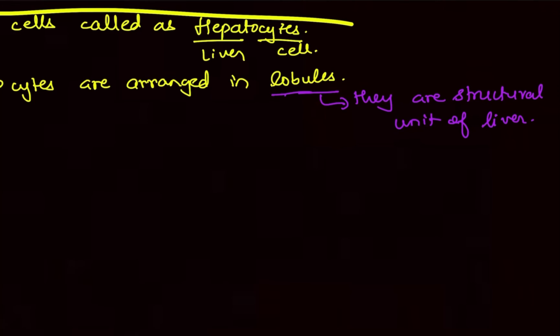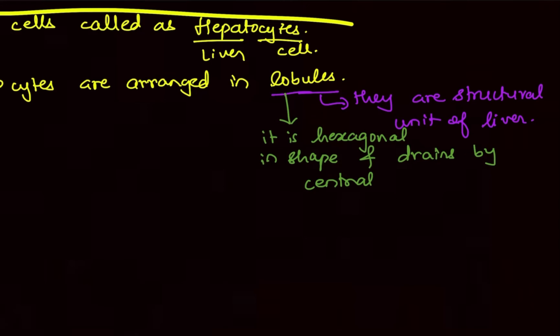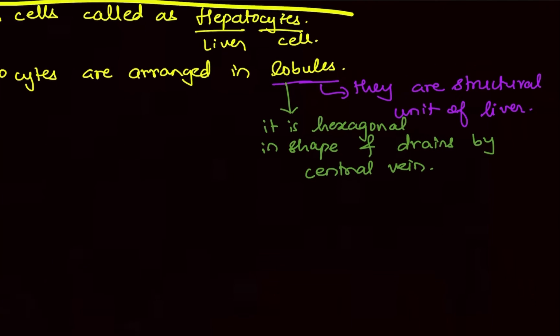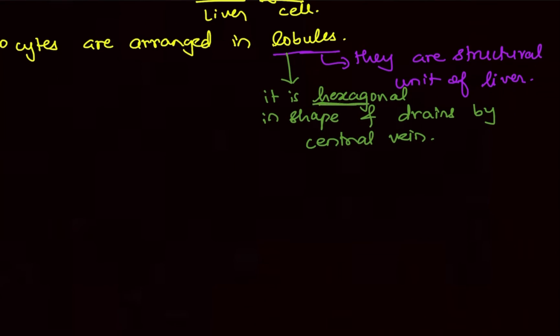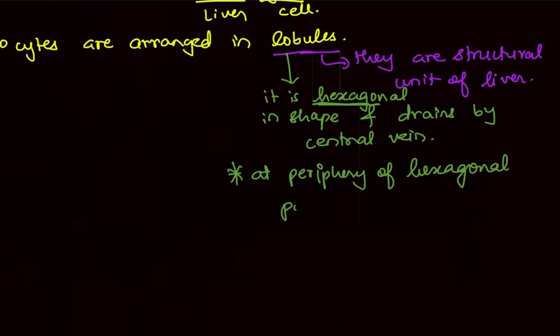And write important points about this lobule. It is hexagonal in shape and drains by the central vein. At the periphery of the hexagon, write down, the portal triad is present.